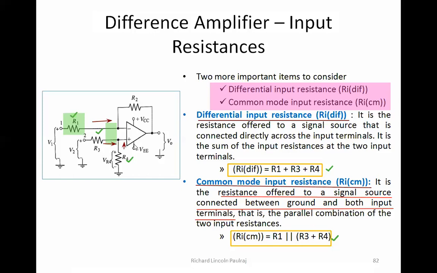But here in common mode, I am calculating with respect to ground, and of course R3 and R4 are added, and that becomes parallel with R1. You can drag this resistance down, and this resistance also down. So you get this combination where R1 is parallel with the addition of R3 and R4.